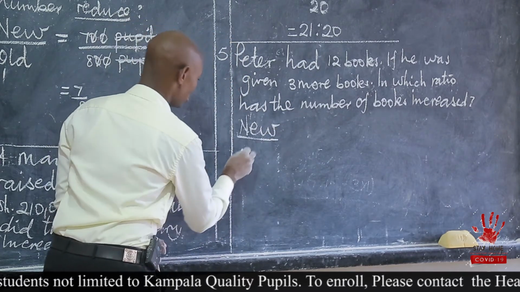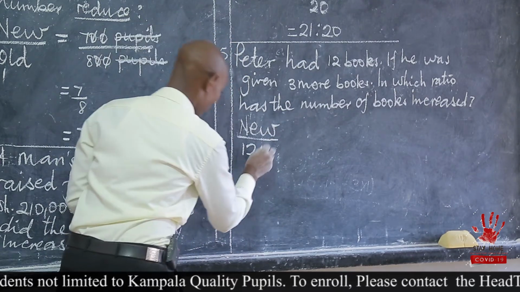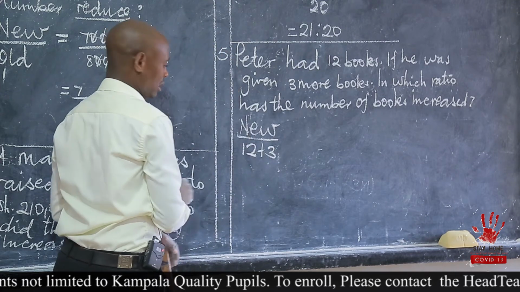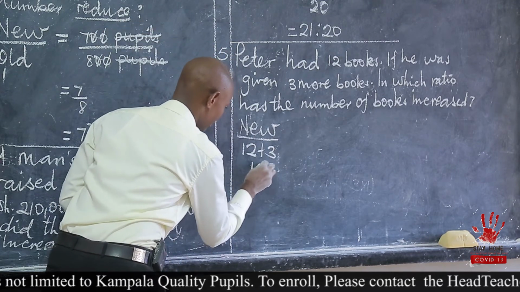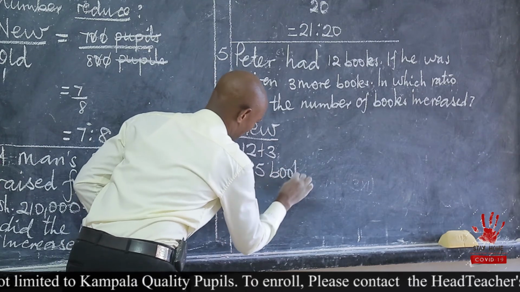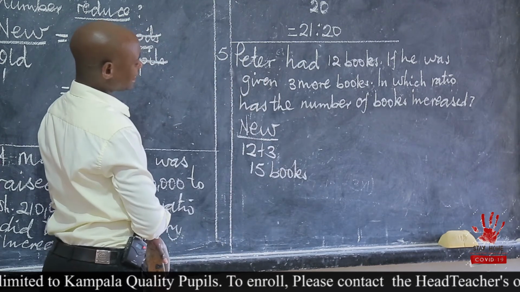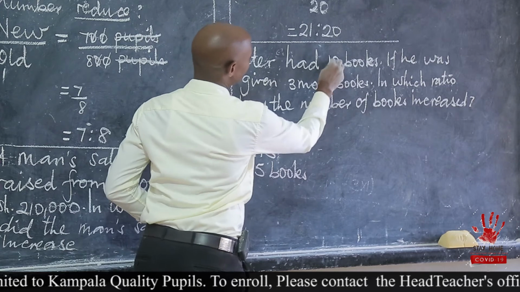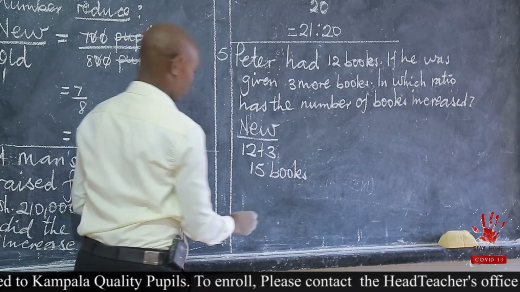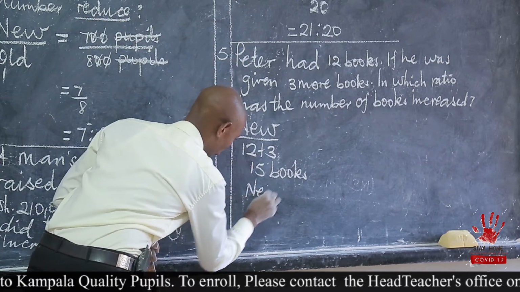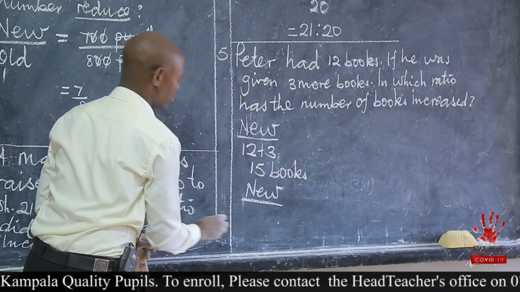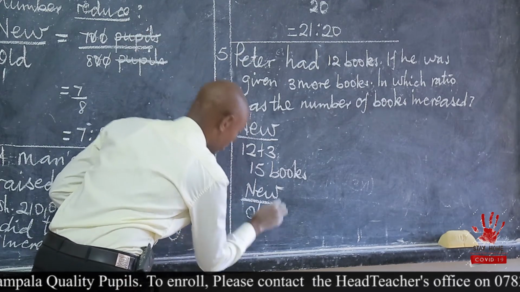He had 12. We have added him 3. So how many books does he have? He has 15 books. Which one is the old number of books he had? It is 12. Therefore, we are saying new number of books out of old number of books.